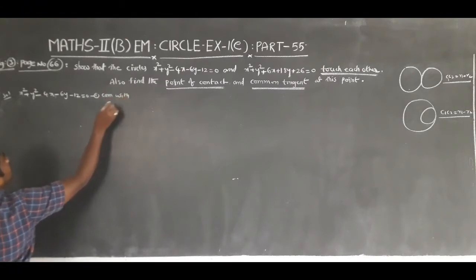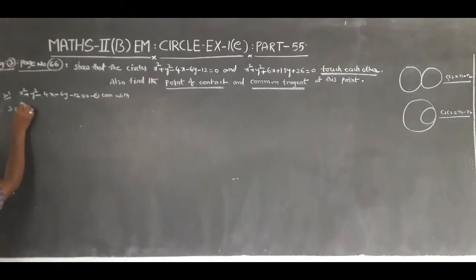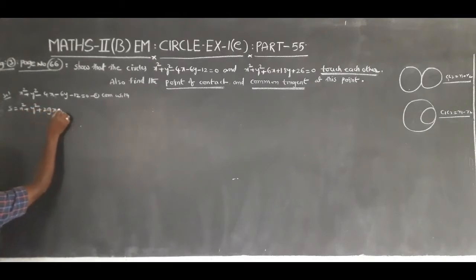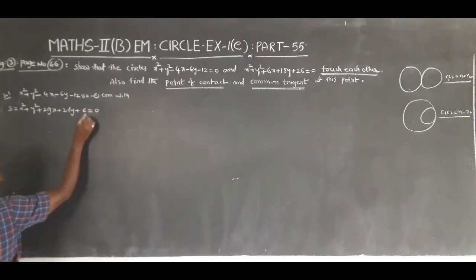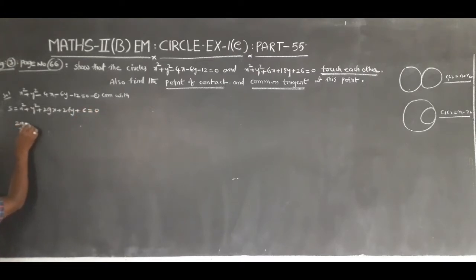Comparing with the general equation x square plus y square plus 2gx plus 2fy plus c is equal to 0, here x coefficient 2g is equal to minus 4, g is equal to minus 4 by 2, g is equal to minus 2.